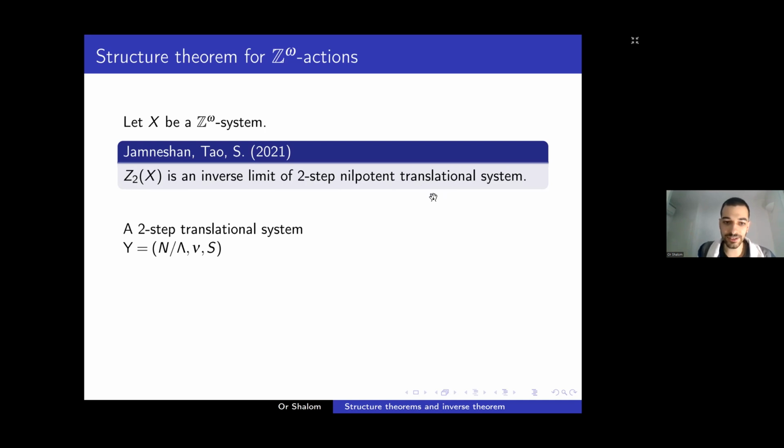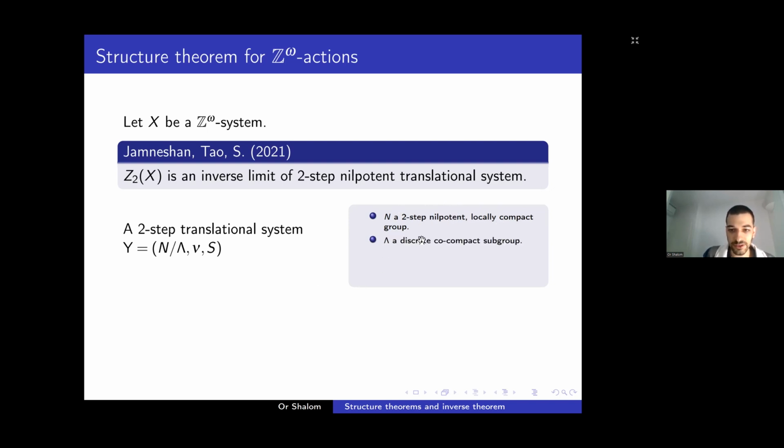A nilpotent translational system looks like a nil system, where the only difference is that this group N is not necessarily a Lie group, so this is not necessarily a manifold. But N is still a two-step nilpotent locally compact group, so we still have the nilpotent structure. Lambda is, as usual, a discrete co-compact subgroup.